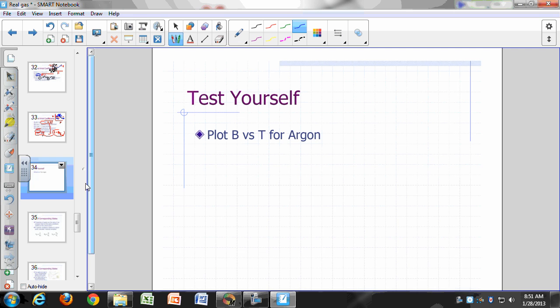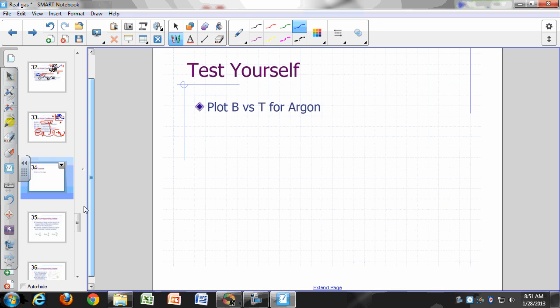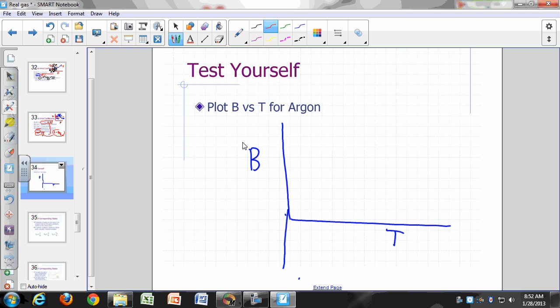And so let's see, what would a plot of the second virial coefficient versus temperature for argon look like? What's the value of the second virial coefficient at low temperatures? It's going to be negative, right? So it's going to start out negative, and then what happens?